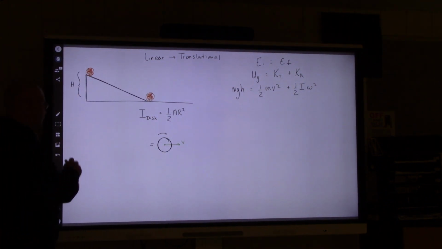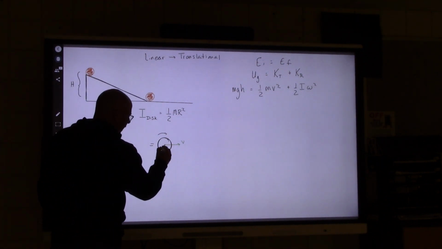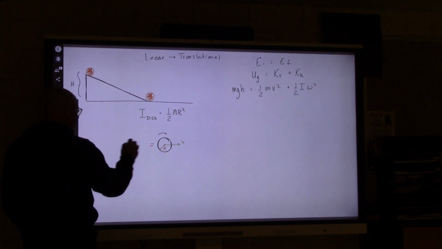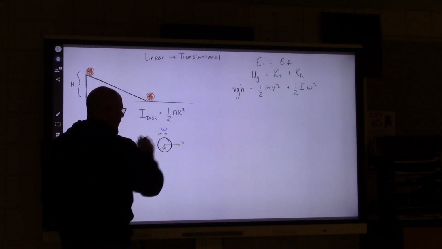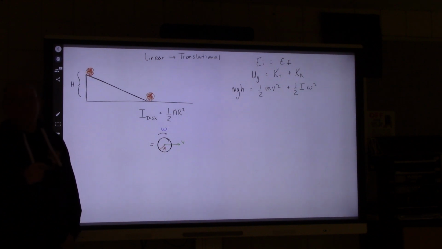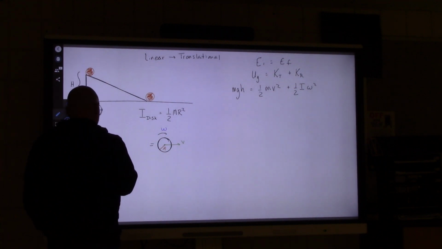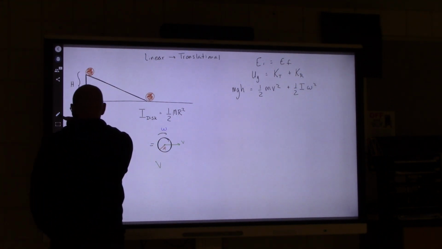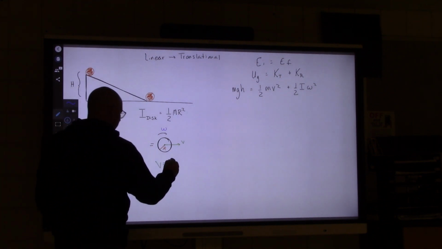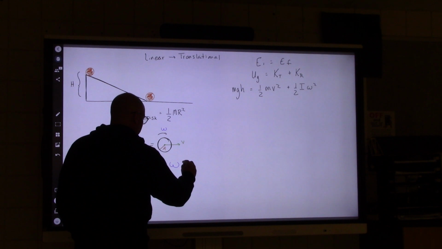Is that cool? The object itself has radius r, and it has angular velocity omega. Is there a relationship between these three variables? There is, right? We got it yesterday. It's probably, hopefully, somewhere in your notes. It says that v is equal to omega r. Correct?